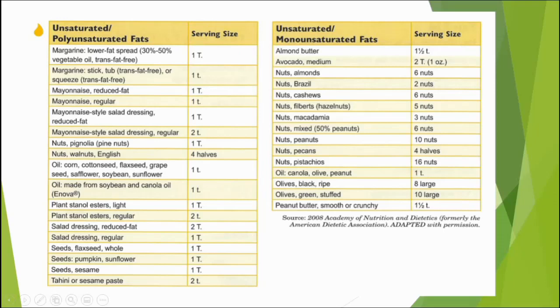So just keep an eye on the serving size of the type of food that you eat. Here again, mayonnaise is different serving sizes based on the type of mayonnaise that you're using. Same thing with oil, the different kind of seeds and salad dressings.